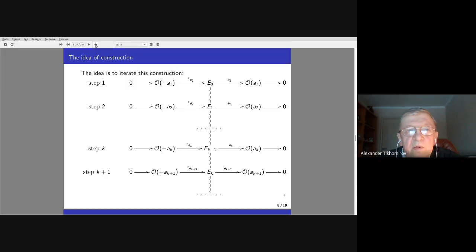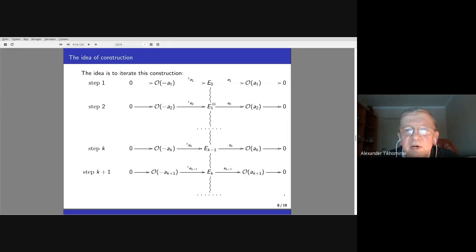So the idea is just to iterate this construction. We start with a tame symplectic instanton E0, choose A1 and E1 so as to achieve surjectivity, then automatically, taking the transpose of it, we obtain the locally free homology sheaf E1.